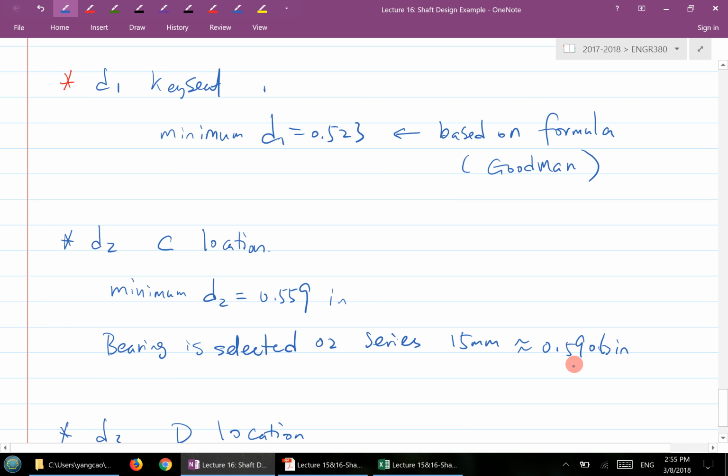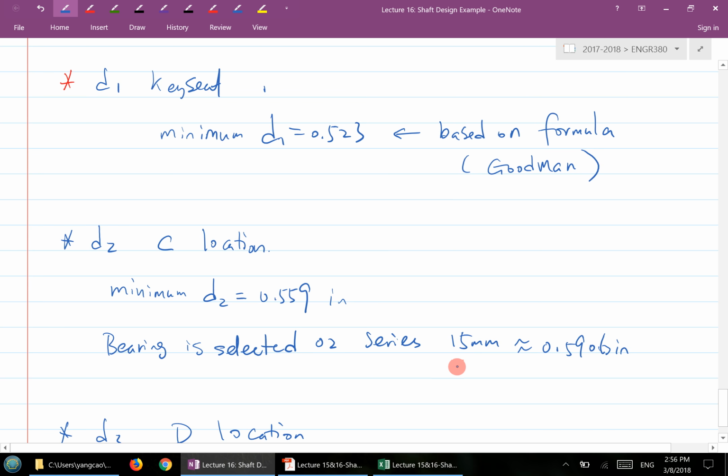Another heads up is that bearing catalogs are typically given in metric, so you are probably working on a problem in US units. So we have to do a little unit conversion when you pick a bearing.